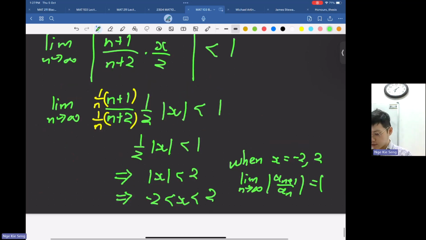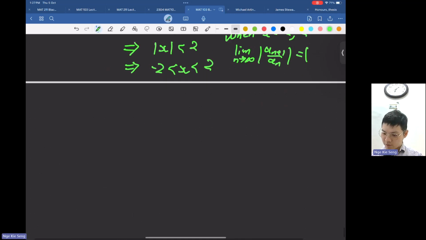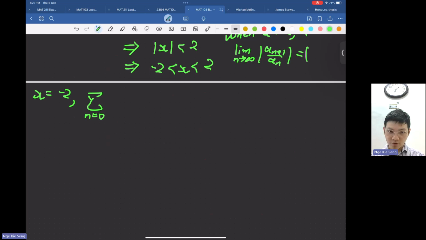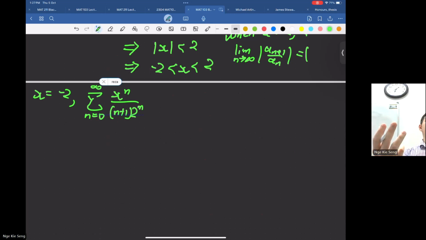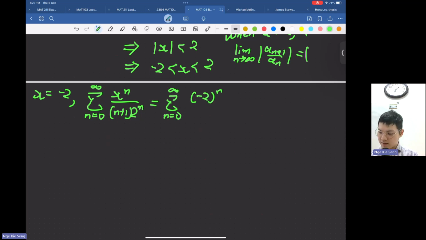So let's check both of them. One of them is x equals -2. Let's put -2 into our function. Like what I said just now, when you fix x, it becomes another series, the usual series with one variable, which is n.